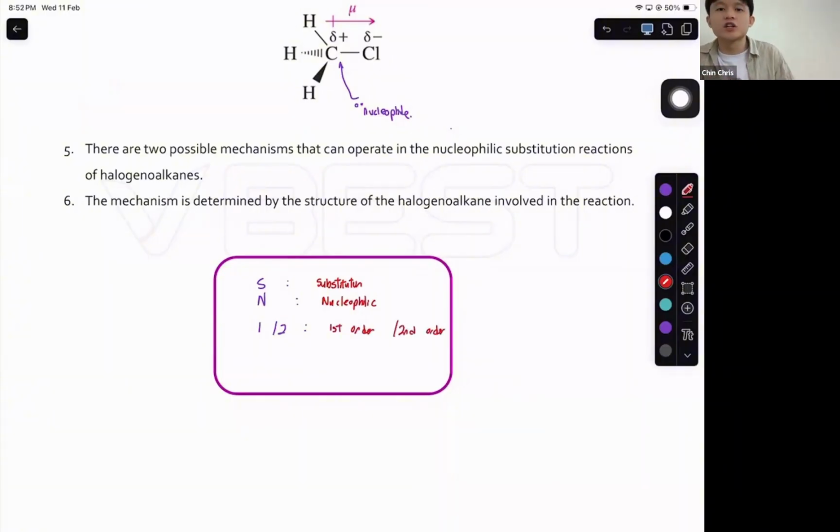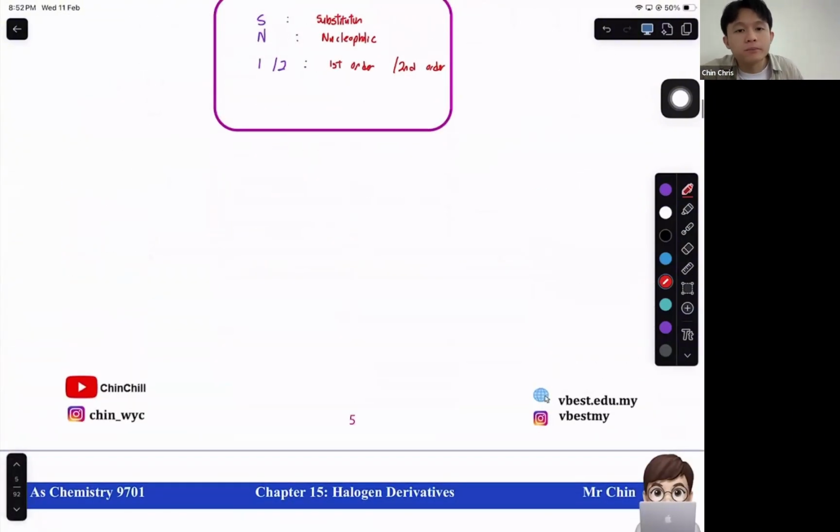Guys, the order of reaction you don't need to know, because order of reaction is only in A2. At your level now, you just need to know how to identify which one is which. That's it. You don't need to know the why. The why, leave it to A2. Okay?